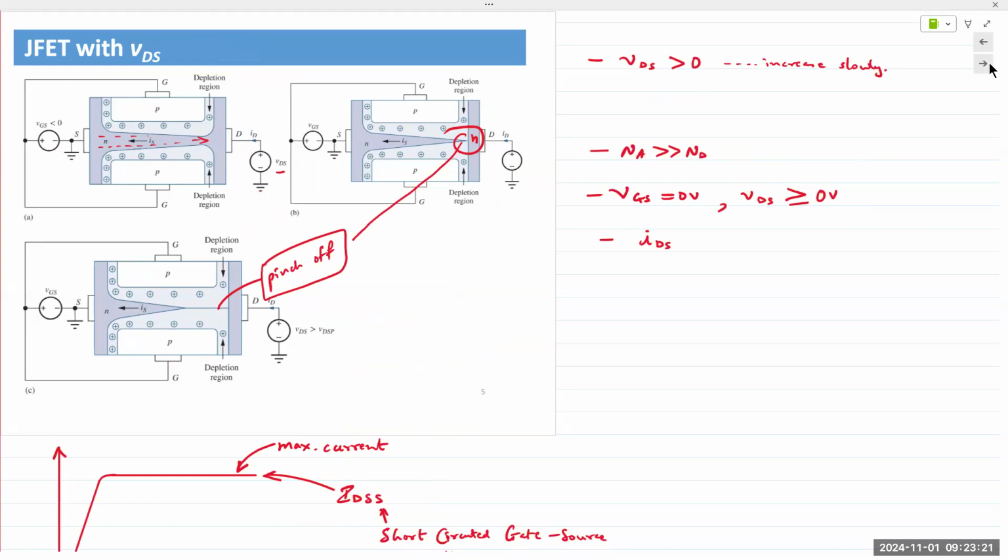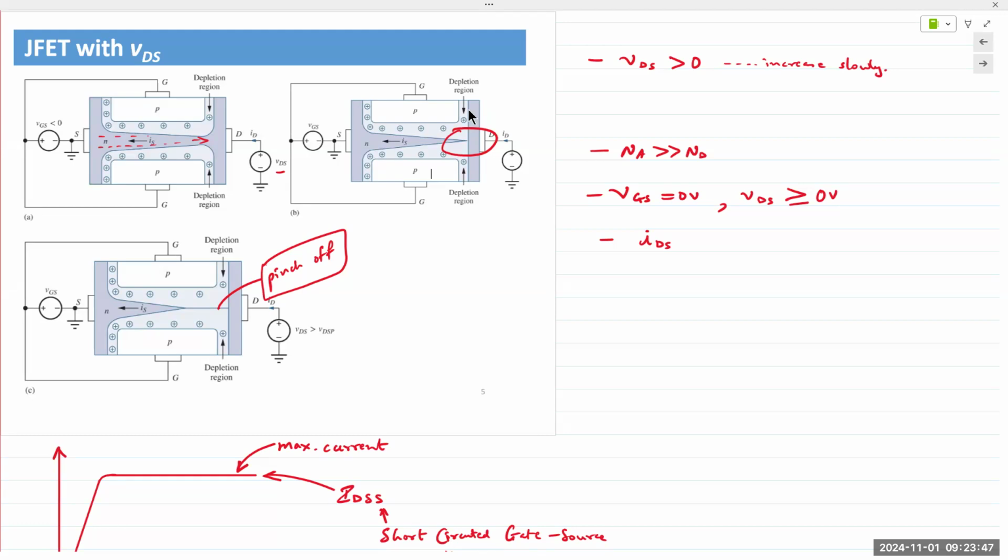But at the same time, the depletion region is also increasing. At one point, it meets, which is right here. So there is a pinch off that is occurring even when VGS is 0. Two separate cases.